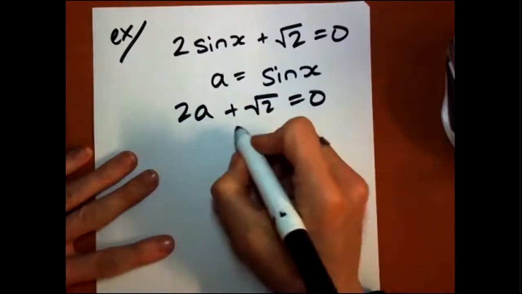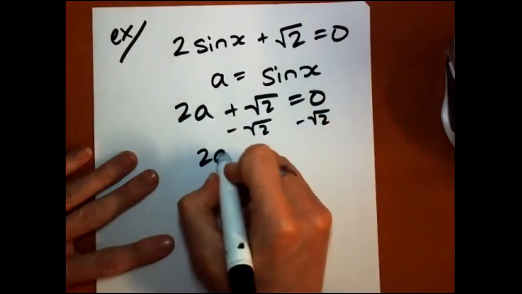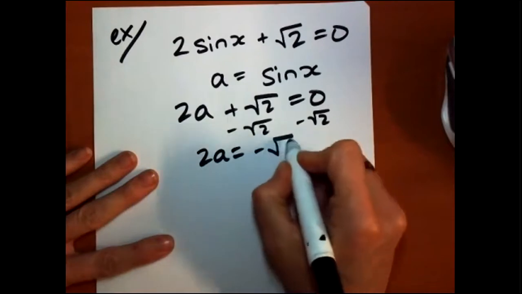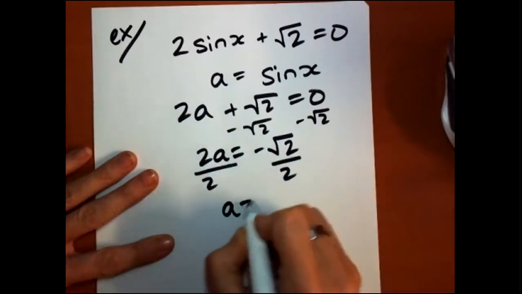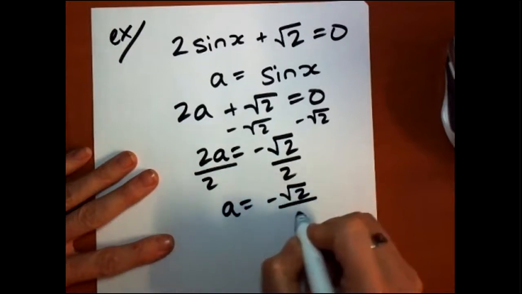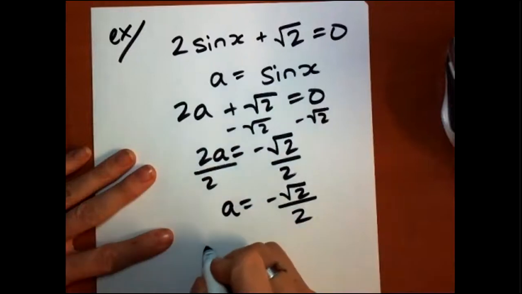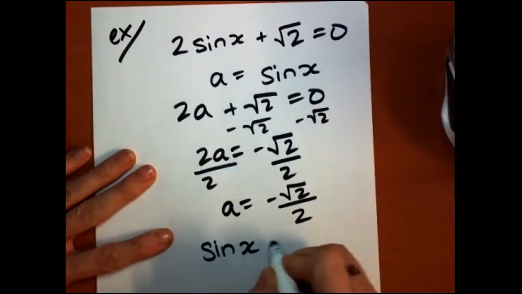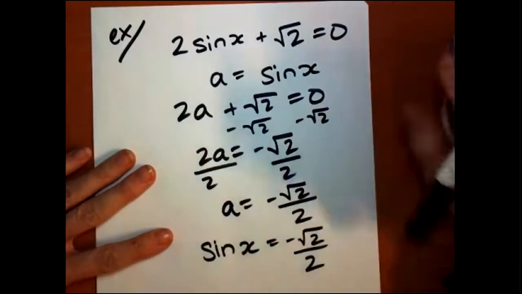Let's get a by itself by subtracting square root of 2 on both sides. So we have 2a equals negative square root of 2, divide by 2 on both sides. We get a equals negative square root of 2 over 2, and then resubstitute our sine in here. So we have sine of x is equal to negative square root of 2 over 2.